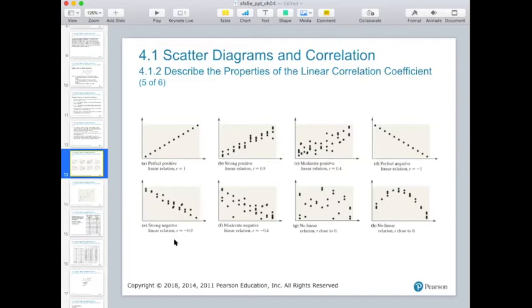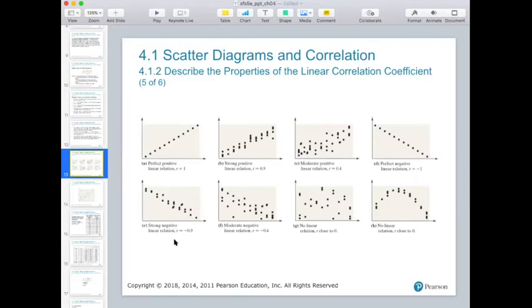D is the opposite of A. So it's perfect, but it's negative. So that's what our negative correlation looks like. And E is kind of like B. It's strong and negative. Our linear correlation coefficient for this one is about negative 0.9. So notice it's negative.